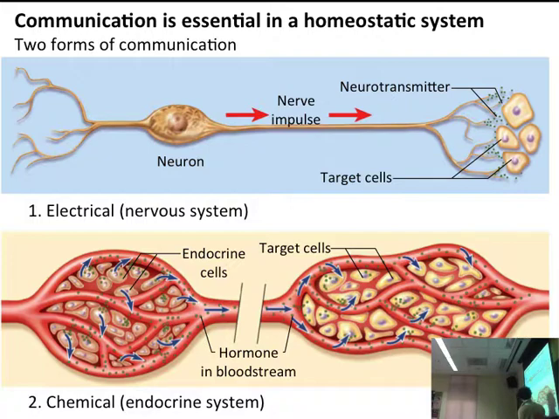And then we have the endocrine system, which is a chemical signaling system, where you have some sort of endocrine tissue. This could be the pituitary, this could be the thyroid, it could be whatever. And it's going to release the chemicals into the bloodstream. They travel through the bloodstream to the target cell, which is affected by whatever that hormone is.